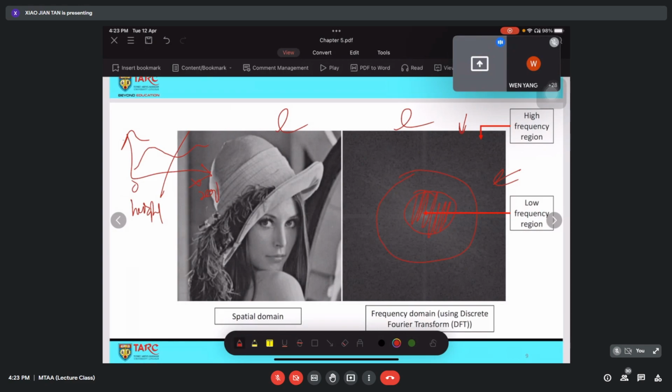Nonetheless, just to let you know, we have two extremes here: the center, and the other extreme, the boundary of the image. The center is concentrated with low frequency information, and the boundary is concentrated with high frequency information.